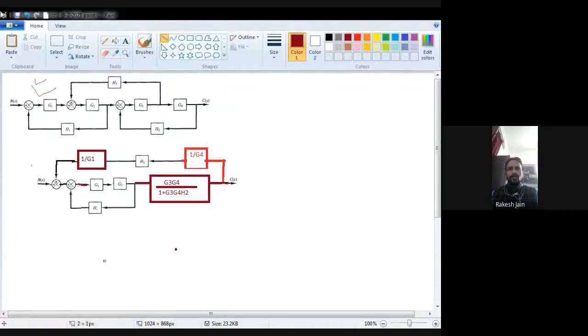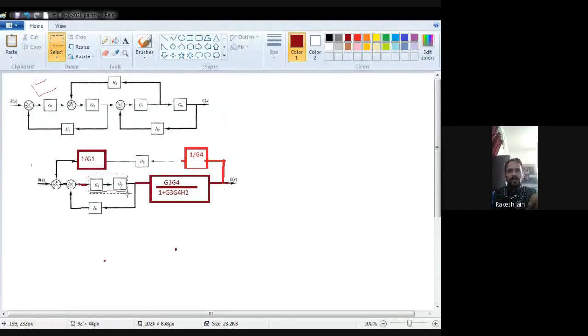If those summing junctions are close to each other, we can interchange them. If this summing junction is second, and this summing junction is first, then we can make this one first and this one second. Just interchange them, no problem, without any rule, without any gain consideration. You can directly interchange the summing junctions.